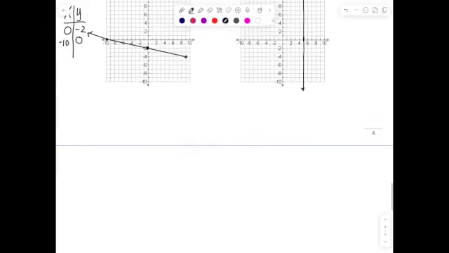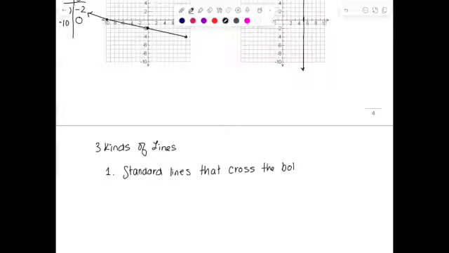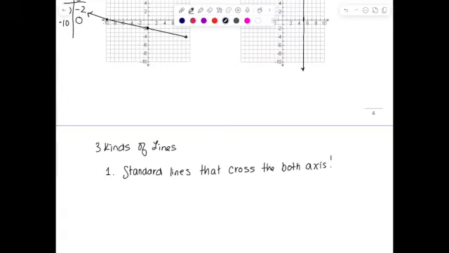And so the last thing I want to talk about is the 3 different kinds of lines we're going to encounter. 3 kinds of lines. Number 1, standard lines that cross both axes. So this is, again, just going to be our normal lines that we've been dealing with in standard form.